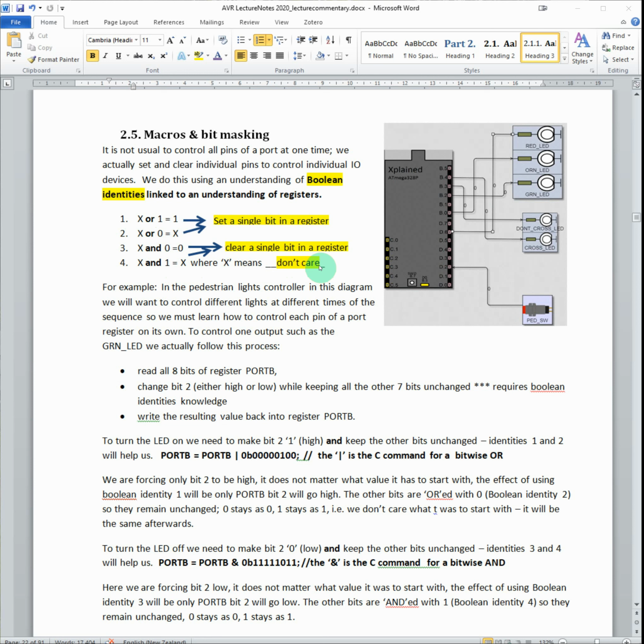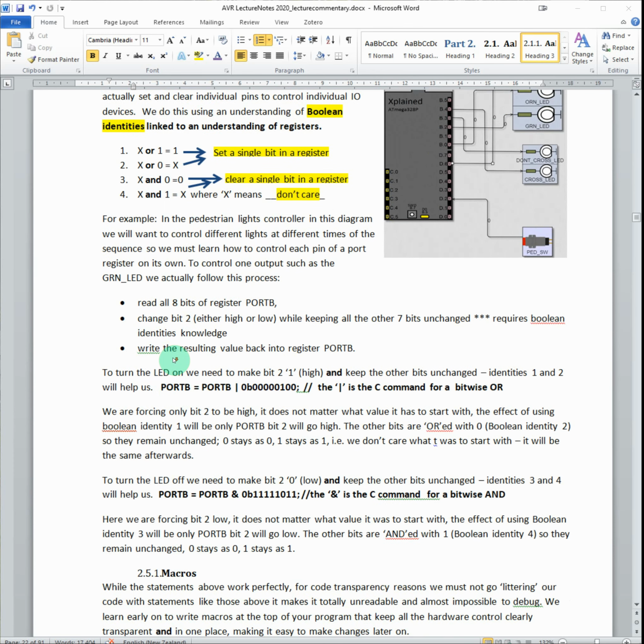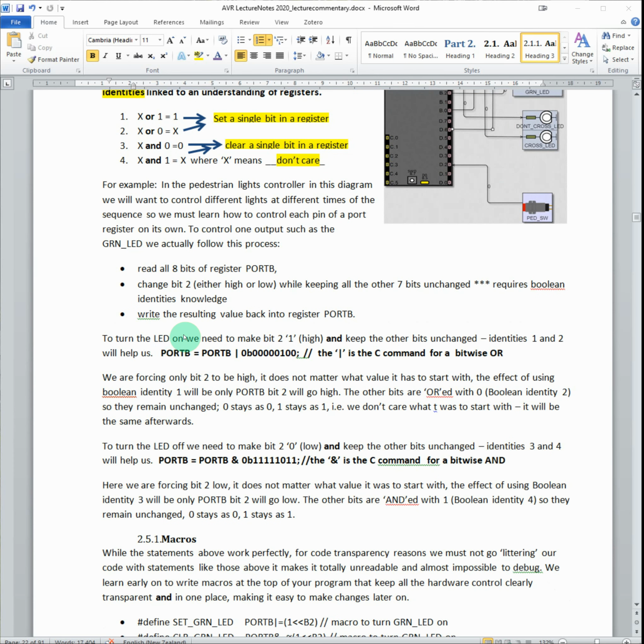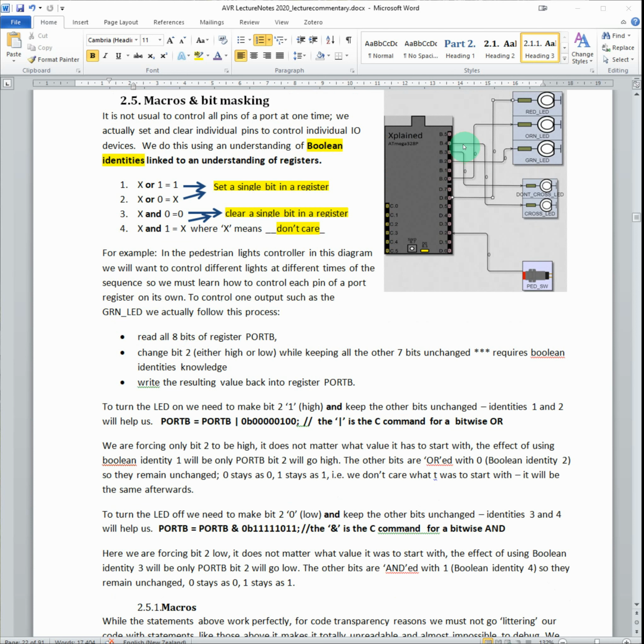Say for instance, I've got port B here of my microcontroller, which is connected to some LEDs, and I want to turn on a particular LED. We want to force a single bit, for instance, the red LED in this case is connected to D6.